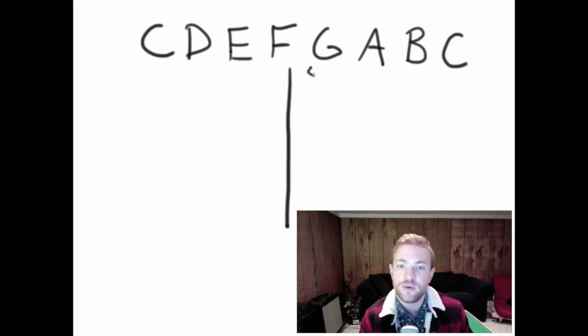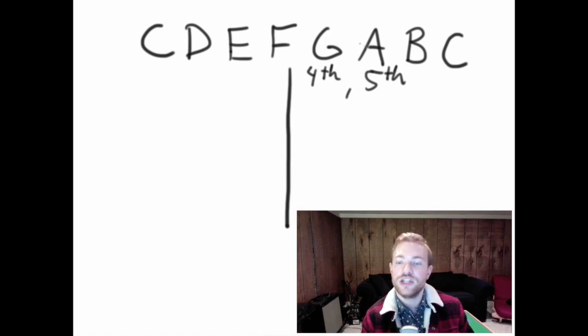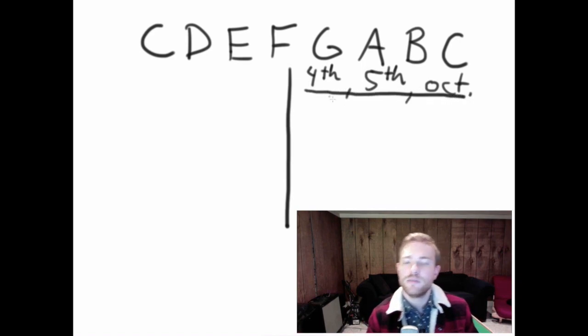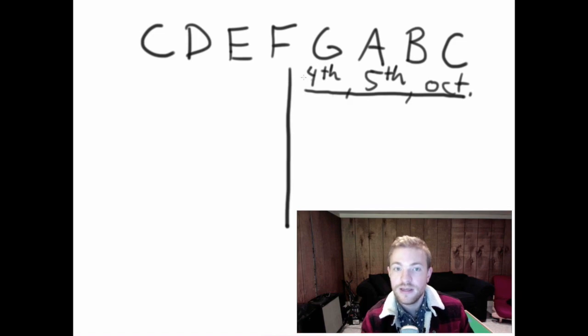And these intervals were the fourth, so the C to the F, the fifth, so the C to the G, and the octave, so the C all the way up to the other C, right? So the fourth, the fifth, and the octave were considered to be especially pleasing to the ear, in this particular scale.